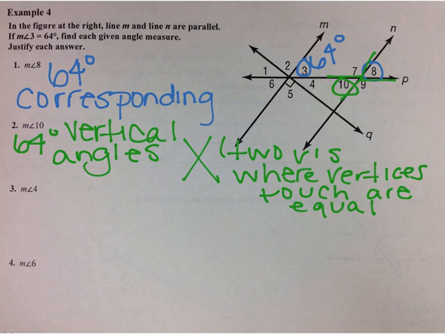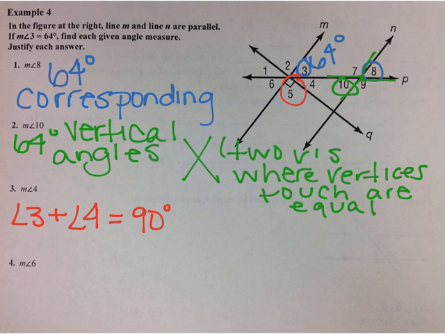We have the measure of angle 4. Alright, so the measure of angle 4 is a little different. But one thing we already know is that angle 3 is equal to 64 degrees. So we could say that angle 3 plus angle 4 is going to be equal to 90 degrees. If we look at angle 5 right here, that's a 90 degree angle.